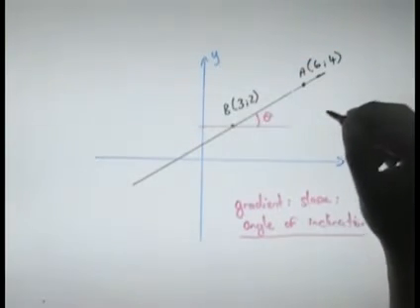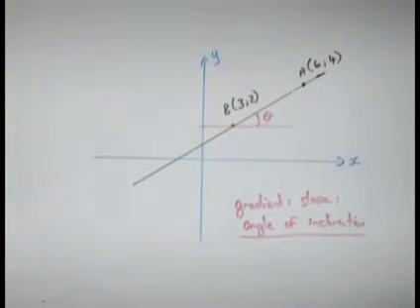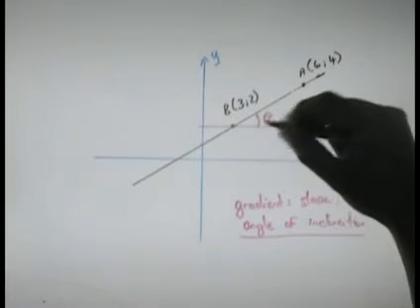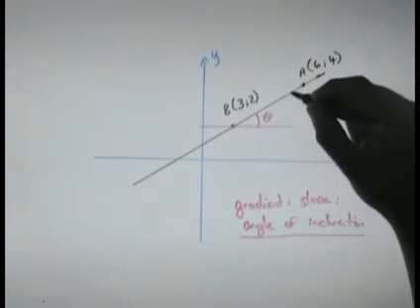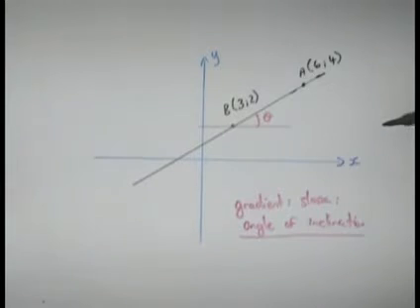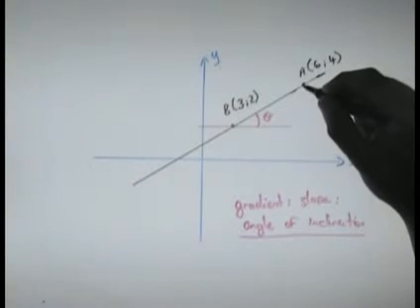Basically, what is theta? Now, if we are looking at theta, let us think about this. Theta is an angle made by the line we're looking at and the horizontal.